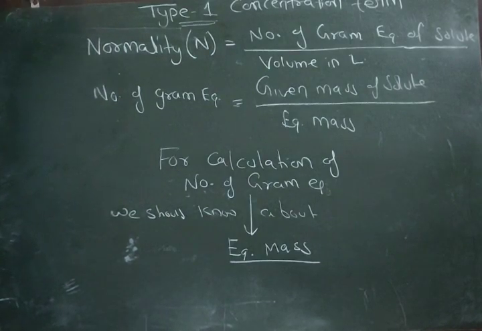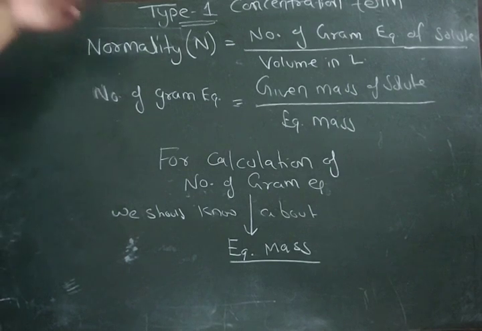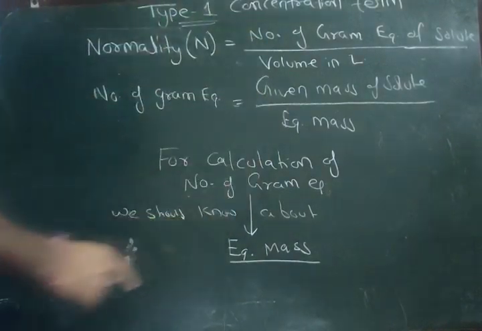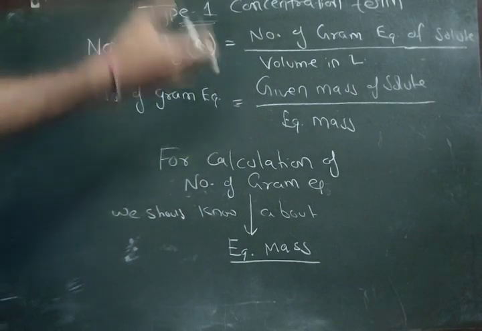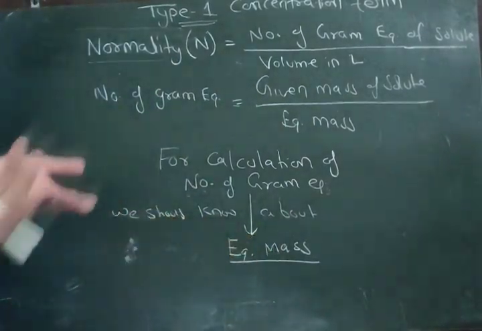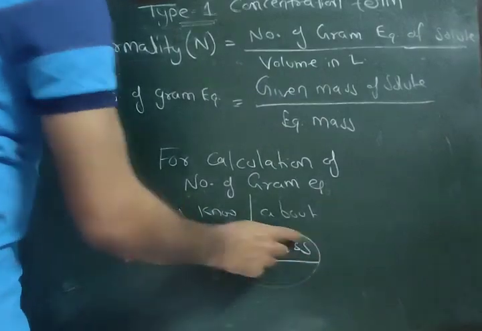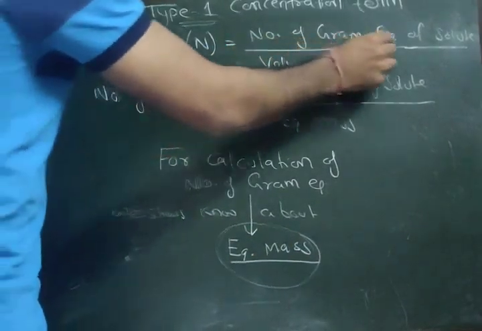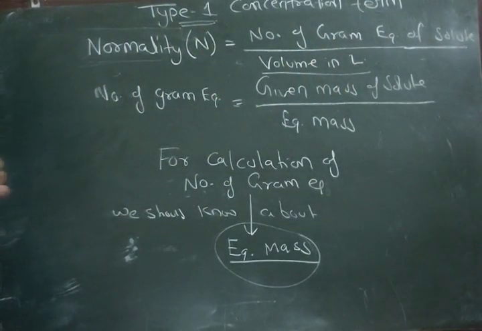I am writing again the formula of normality and all the parameters used in it. At least we should know what the need of equivalent mass is. Normality is the number of gram equivalent of the solute per liter of the solution.